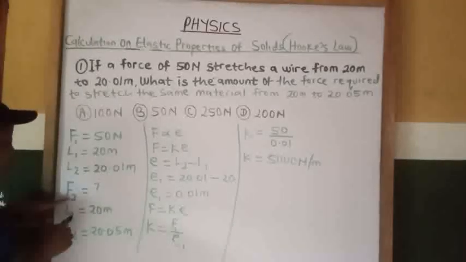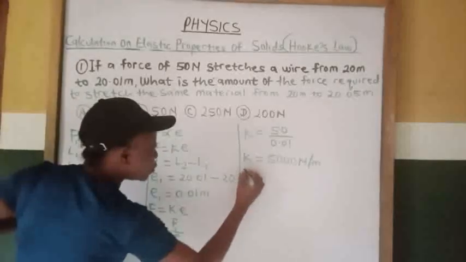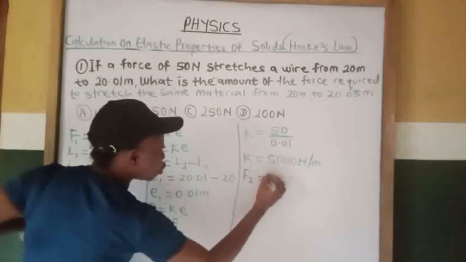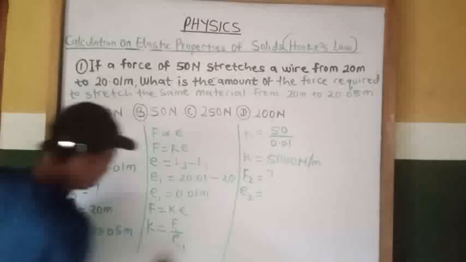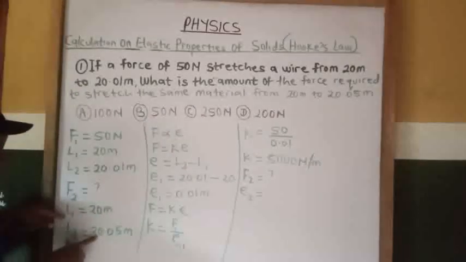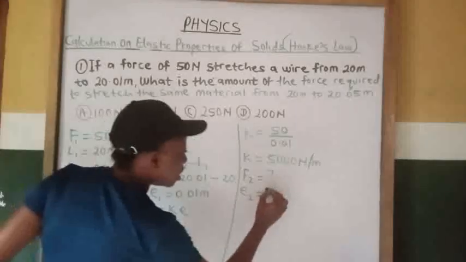So we have to look for E2, that is the extension 2. For F2, which is unknown, extension 2 will be equal to the change in length, that will be L2 minus L1.